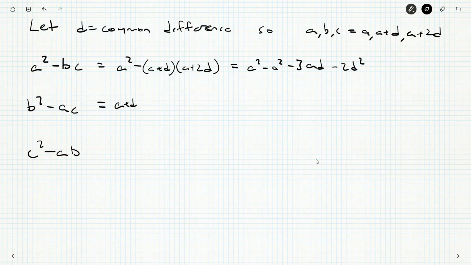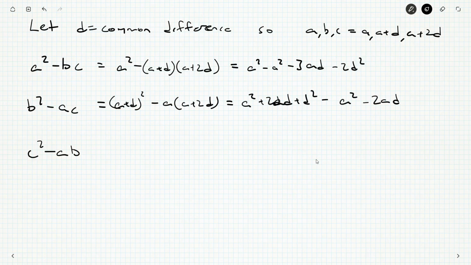This is A plus D squared minus A times A plus 2D. So that's going to be A squared plus 2AD plus D squared minus A squared minus 2AD. Okay, and I'll simplify things now. That cancels, that cancels, that cancels, that cancels. So we're left with D squared here, and here we're left with negative 2D squared minus 3AD.